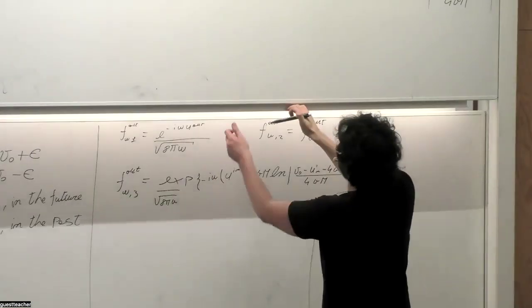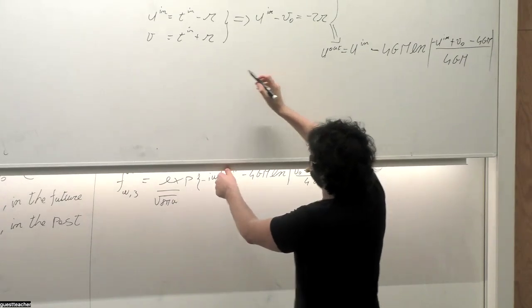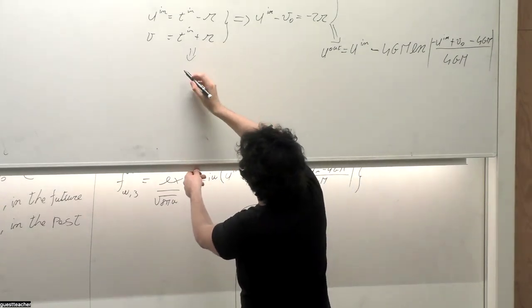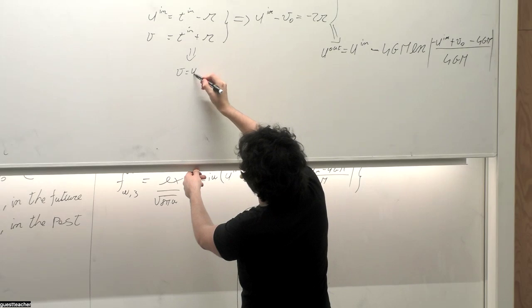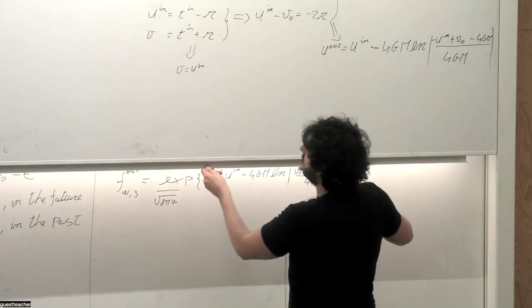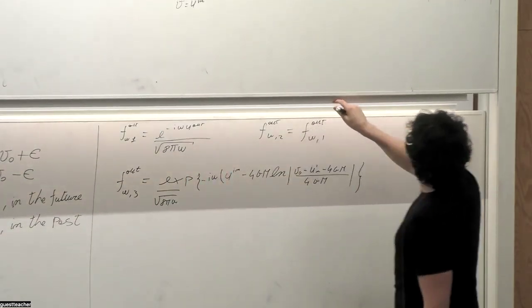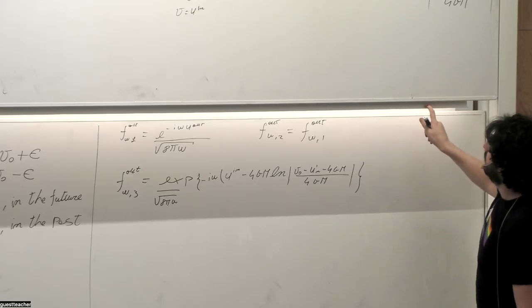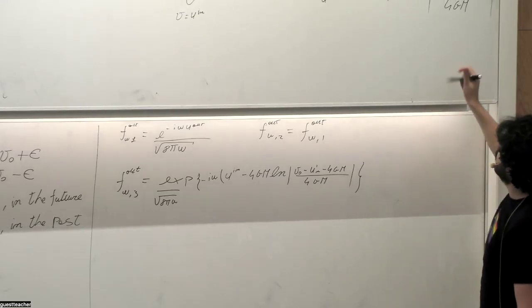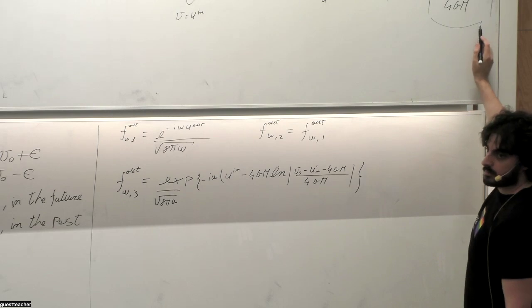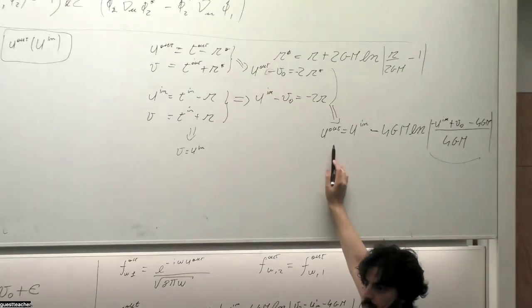So for r equal 0, you have v equal u in, right? And u in at the horizon is the value at which this diverges, because the horizon is u out going to plus infinity.